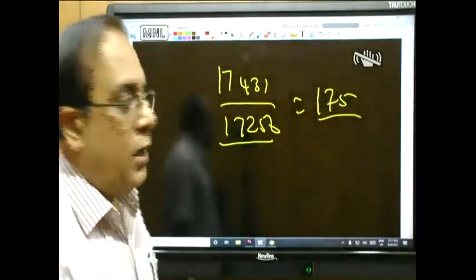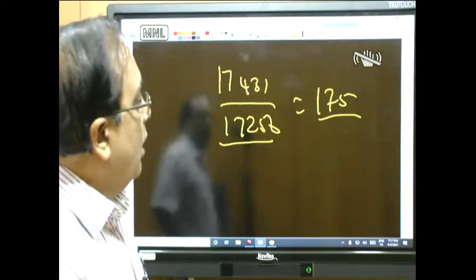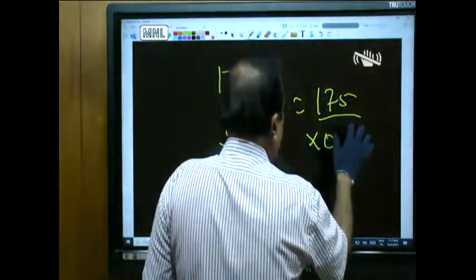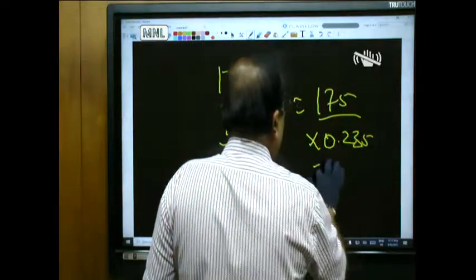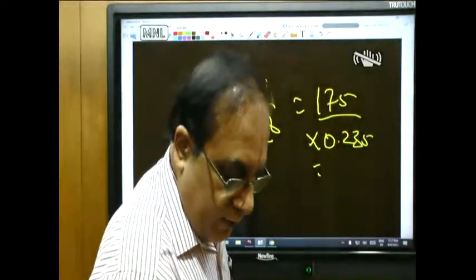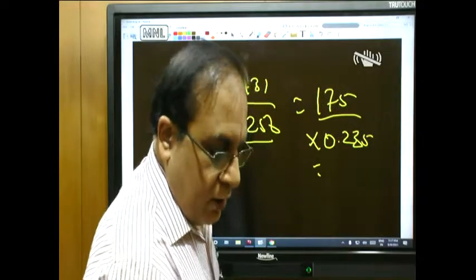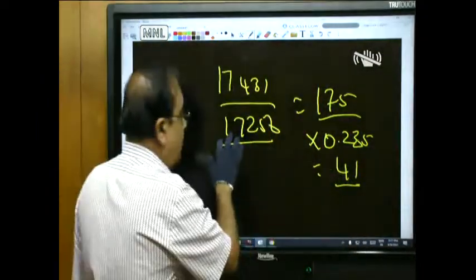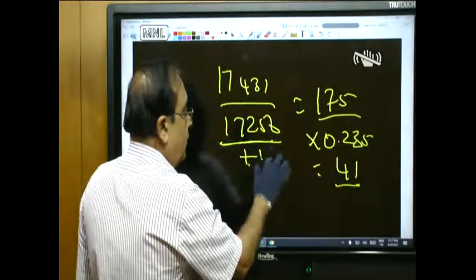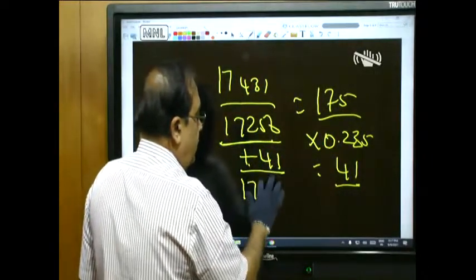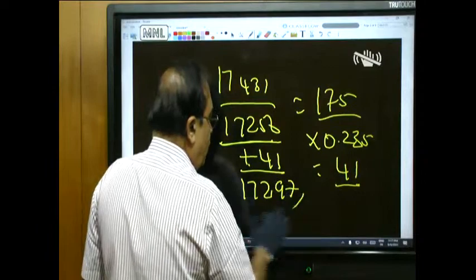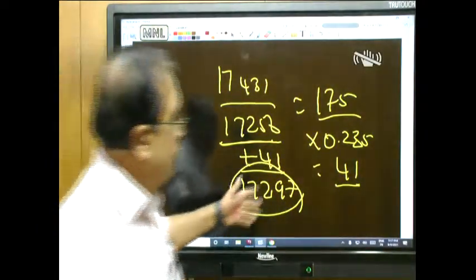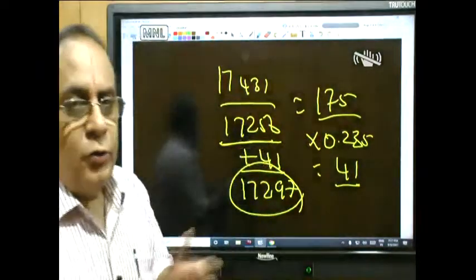Now this 175, let's say into 0.235, how much is it? It is 41 rupees. So once it came up from 17,256, you add 41 and get 17,297. So the moment it crossed 17,297, you can go long, keeping 17,256 as a stop loss.